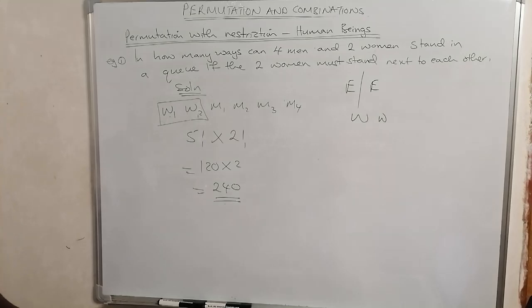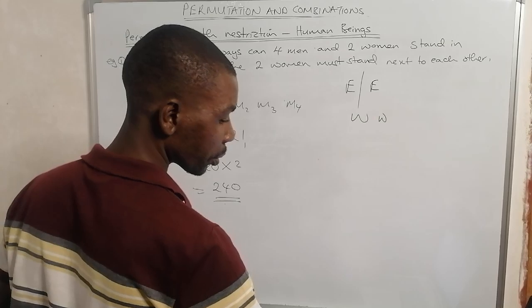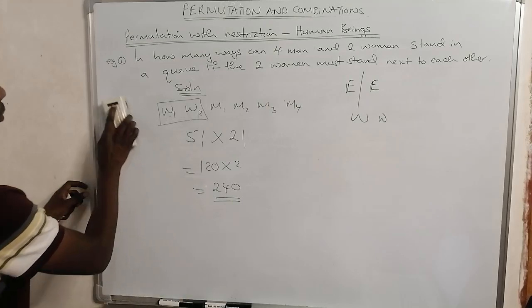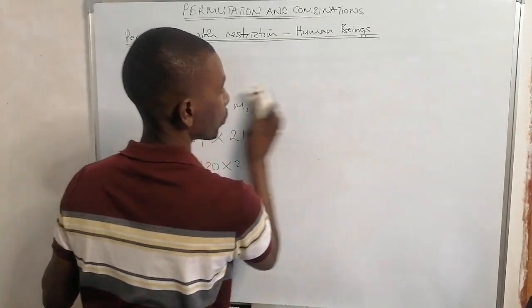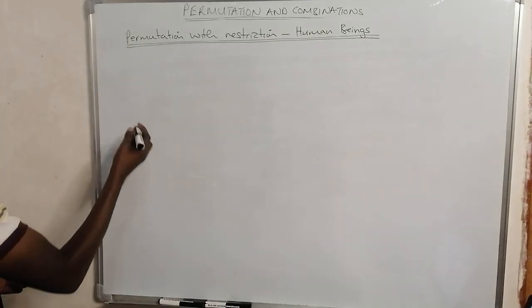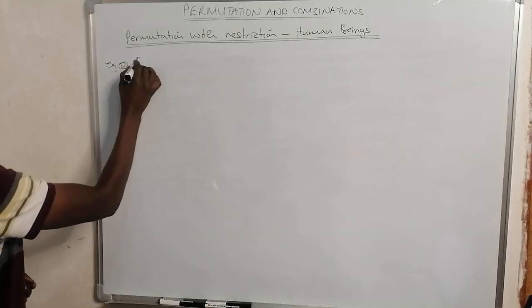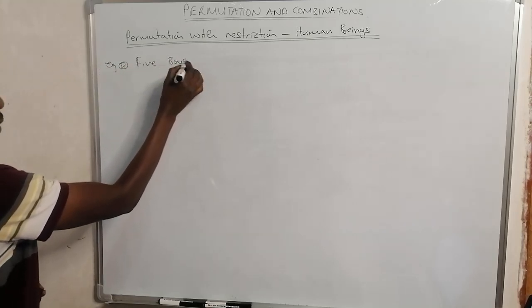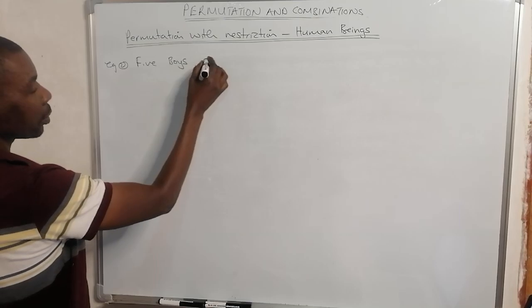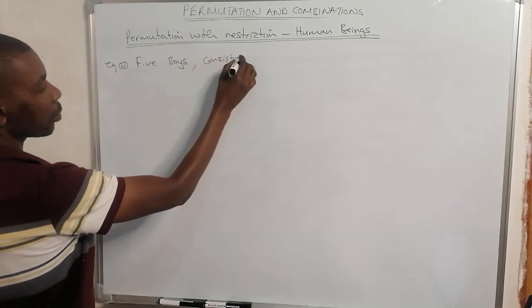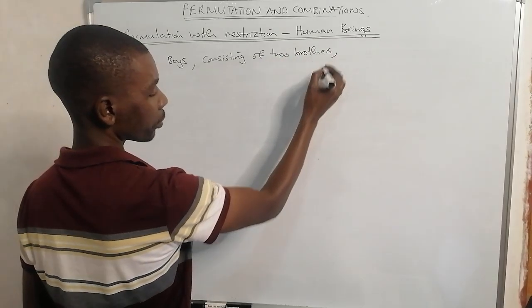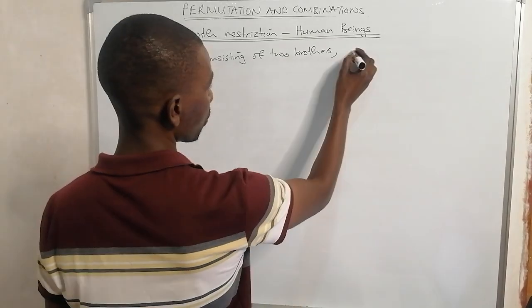So another example, example number 2. 5 boys, consisting of 2 brothers, are to stand in a row.